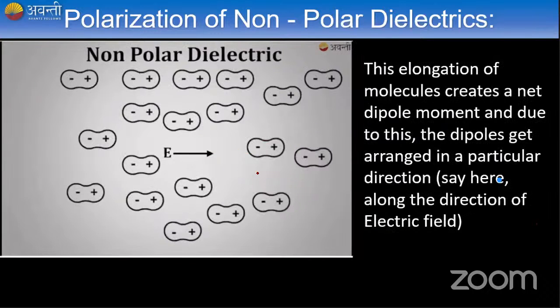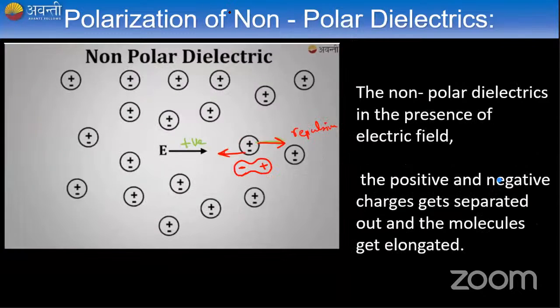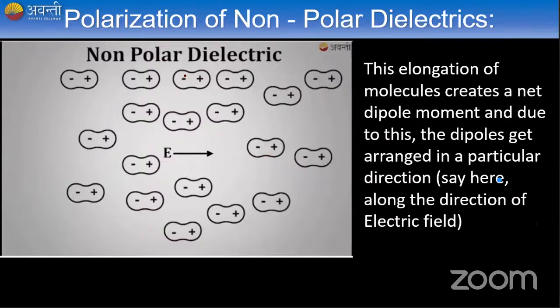So if you see the non-polar dielectric in the presence of an electric field, which was initially like a neutral circle, in the presence of a uniform electric field all the atoms elongated a bit, and there was a creation of a net dipole moment in individual atoms. In every individual atom there exists a small dipole moment. So if I sum all these dipole moments, where is my net dipole moment direction, guys?